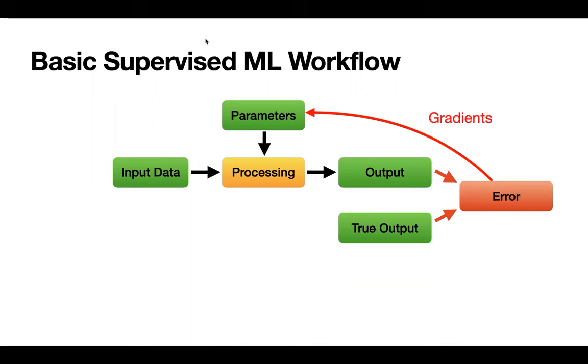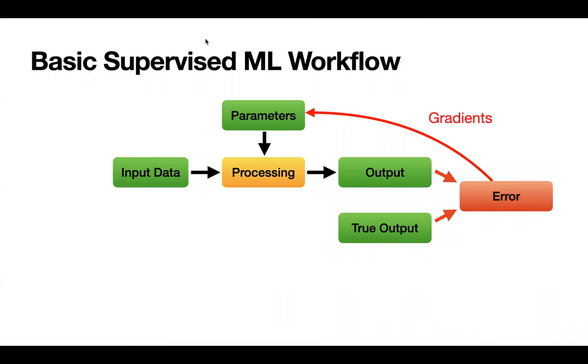And the error is going to be propagated backwards using the gradients that we will calculate using the Flux and Zygote packages in Julia, in order to give ourselves the updates that we need to apply to our parameters. And we do this over and over again in a loop until our output and true output get as close as possible to each other.